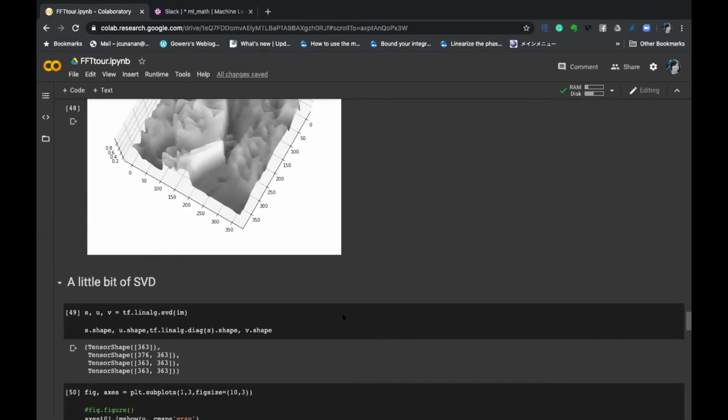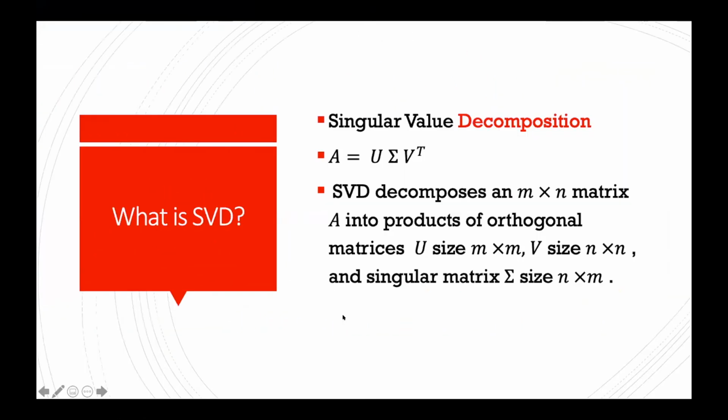Okay, so this is the last slide here, the only slide. Just to remind you, SVD decomposes matrix A into orthogonal matrices U and V, and sigma as a singular matrix. It divides into three things, right?